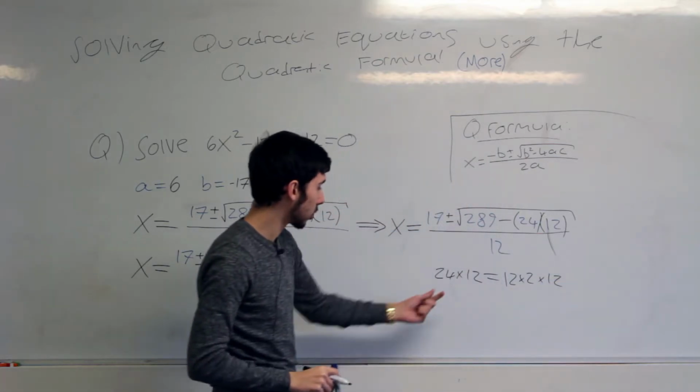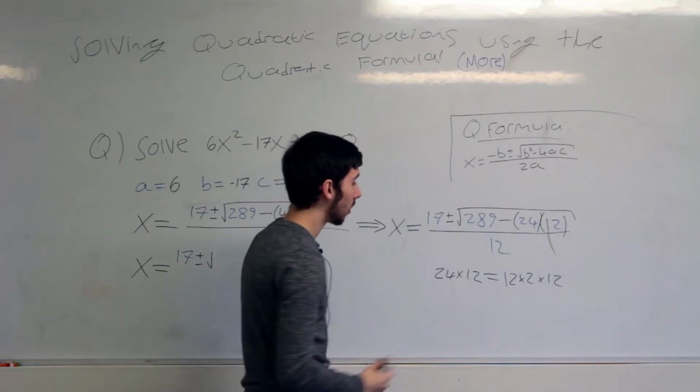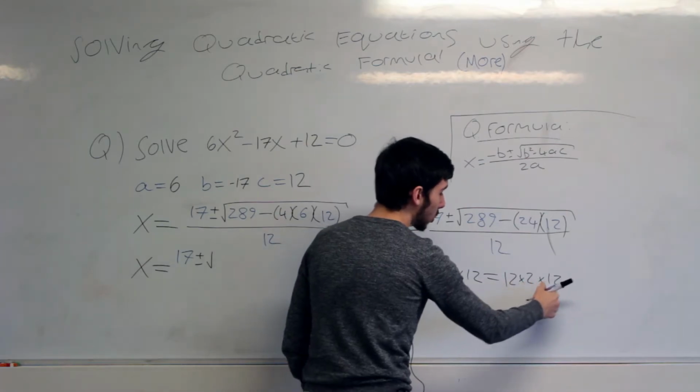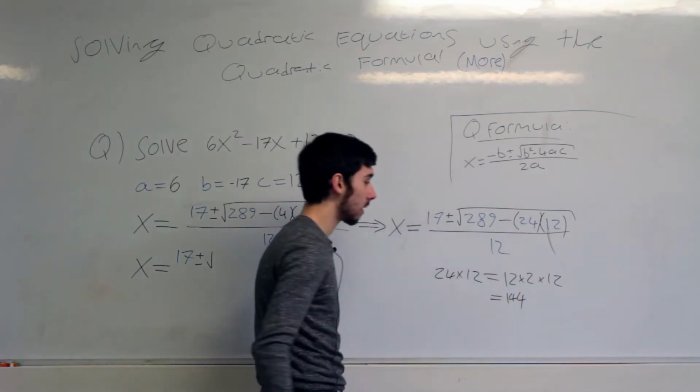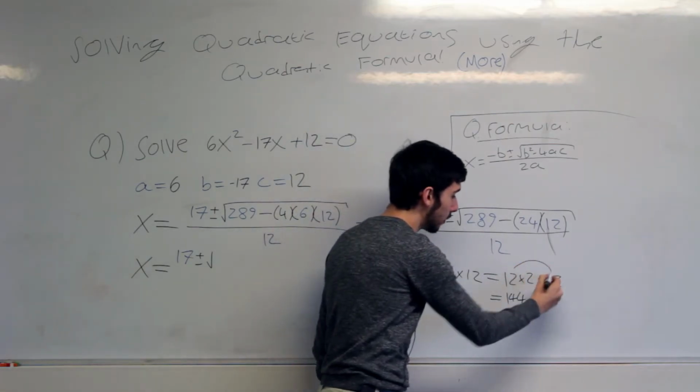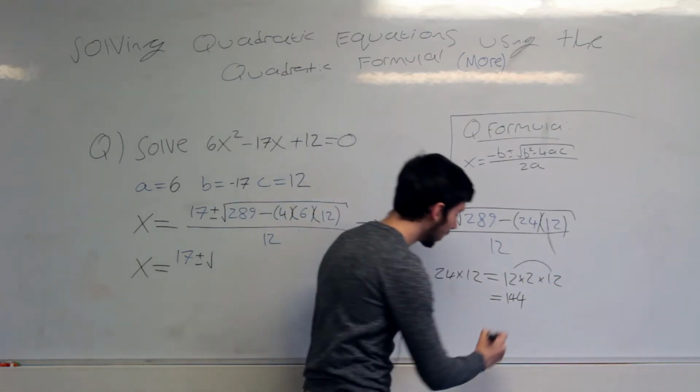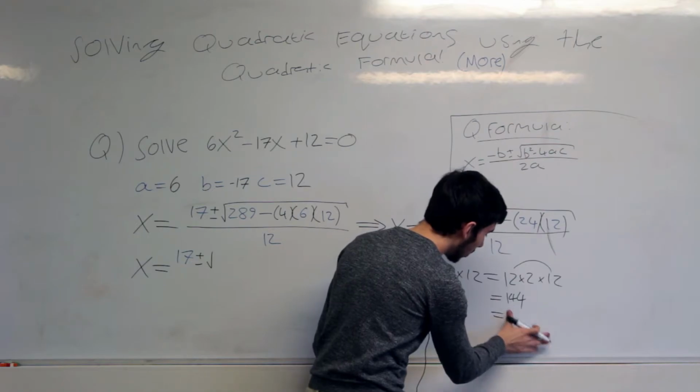Hope we agree, because 24 is 12 times 2. 12 times 12, as we all know, is 144. So that's the 12 and the 12. Then we just times it by 2, which is equal to 288.